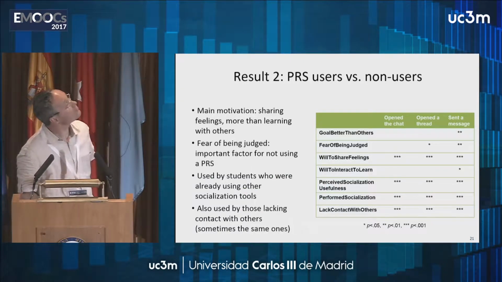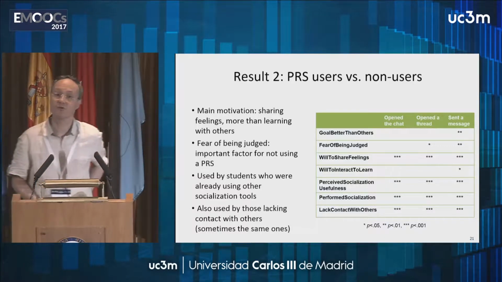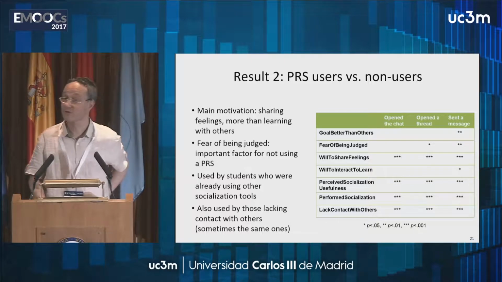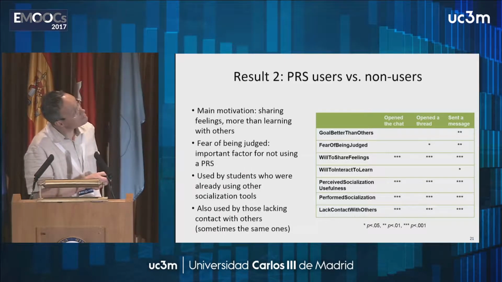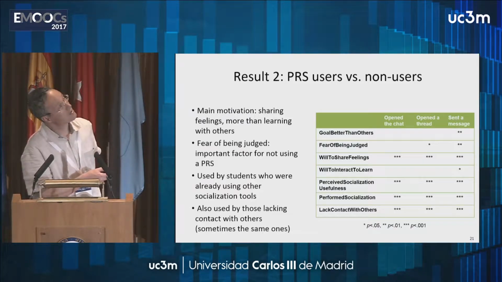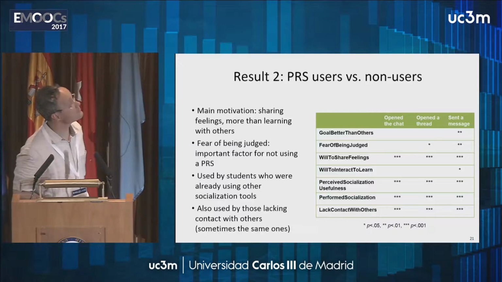Result number two is to try to correlate using the personal recommender with certain features of answering the questionnaire. We can look at the detailed result later, but for example, the will to share feelings was very much correlated, while the goal of being better than others was not, but rather only in the end with the likelihood of sending a message.